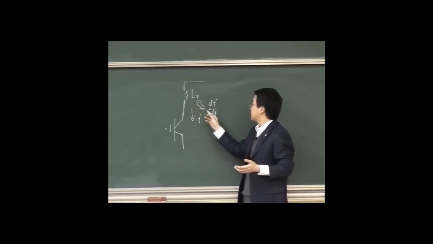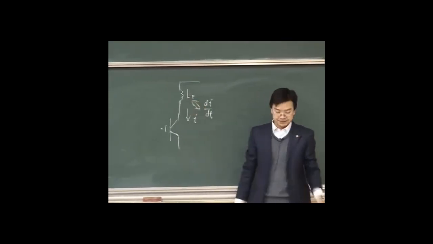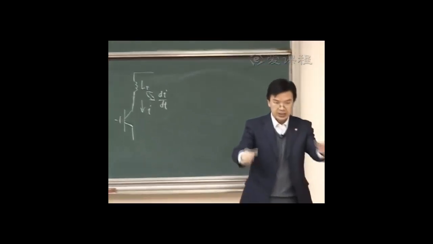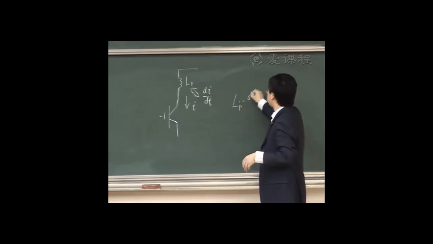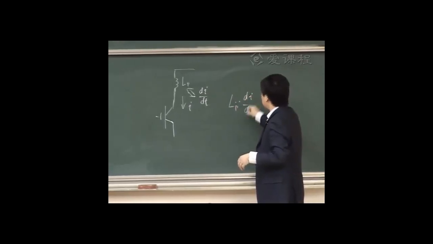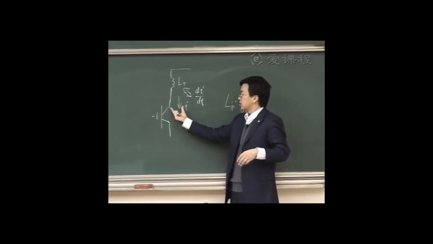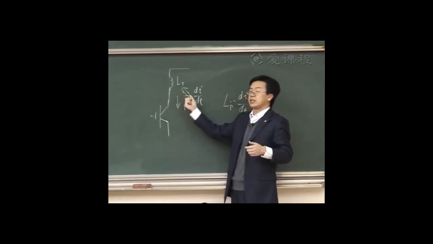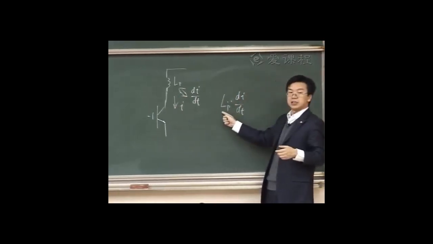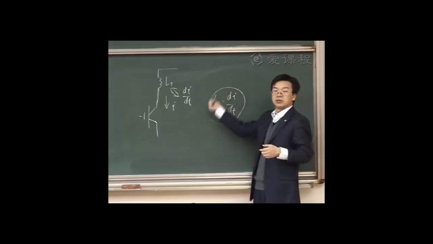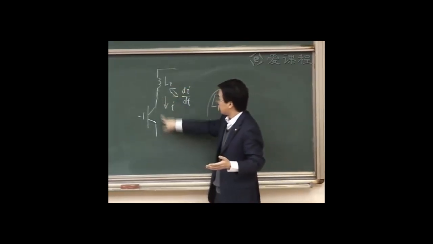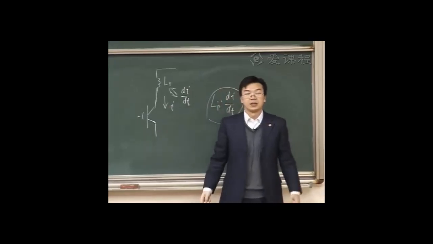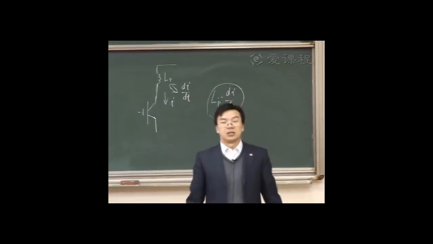Because of the di/dt multiplied by this parasitic inductance, that is a very high value, LP multiplied by di/dt. So when you turn off this IGBT, there's a sudden change of current, very high di/dt, multiplied by this inductance, that will be a very high voltage. That voltage will be generated across this IGBT device. That is one typical reason.